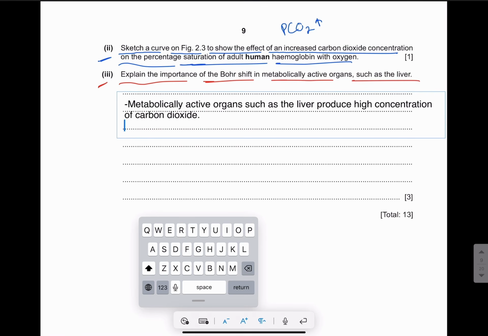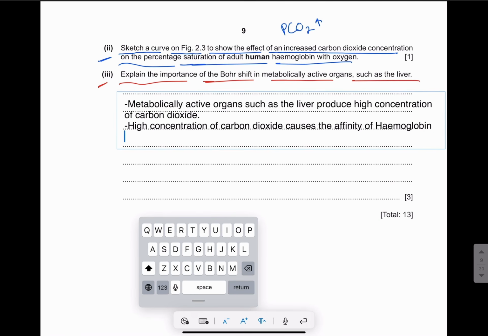High concentration of carbon dioxide causes the affinity of hemoglobin for oxygen to decrease.